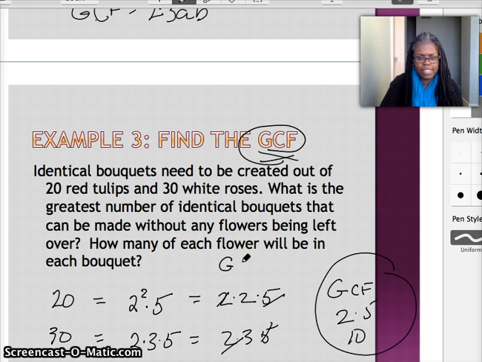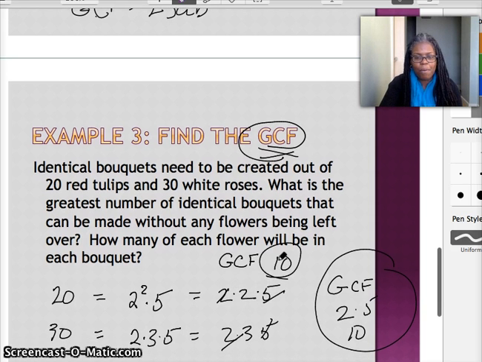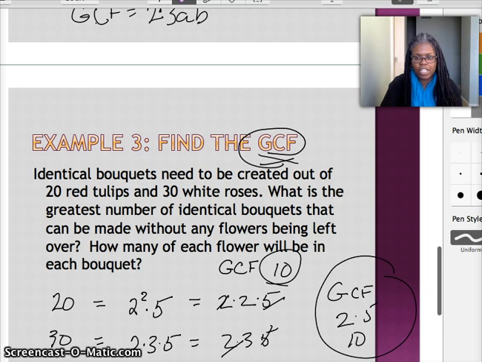Our GCF is 10. So that tells me that there will be 10 bouquets of flowers. That's the most that we can do. And now the factors that are left over tell me how many of each type of flower I would have in the bouquet. So let's think about this. Remember, these were 20 red tulips. And then over here we had the 30 roses.